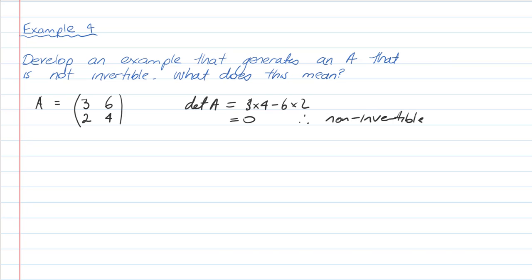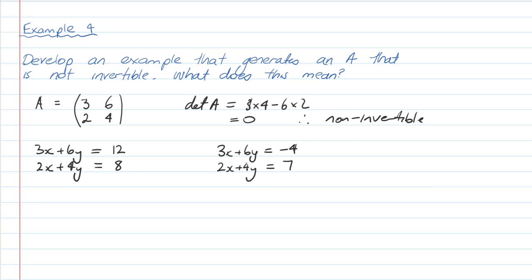Okay, so I'm going to set my equation up with these coefficients. 3x plus 6y equals, and 2x plus 4y equals. Now I'm going to do a couple of cases. The first one I'm going to do is equals 12 and 8. The second one I'm going to do is 3x plus 6y equals negative 4, and 2x plus 4y equals 7.